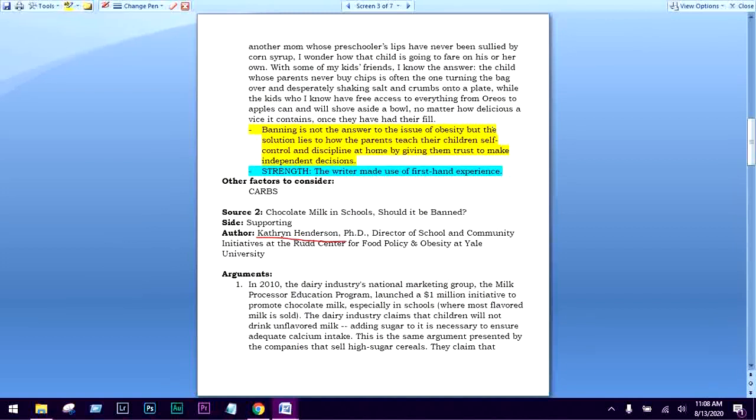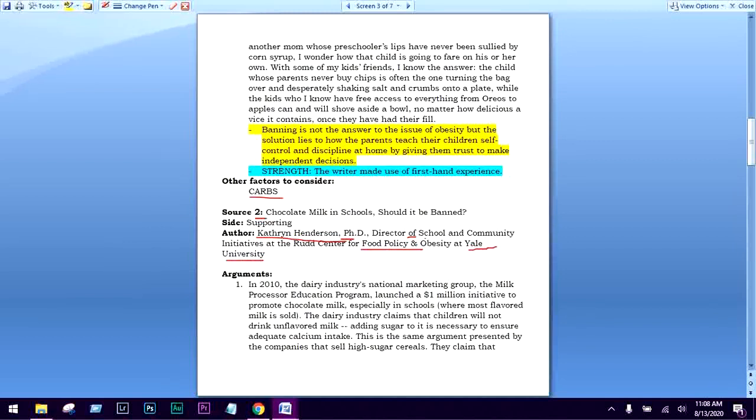So what other factors to consider? Credibility, like what I said. Who are the writers? Who is KJ Dell'Antonia? We do not know. But we know that in source 2, the writer has a PhD, and she's a director of school and community initiatives at the Rudd Center for Food Policy and Obesity at Yale University.